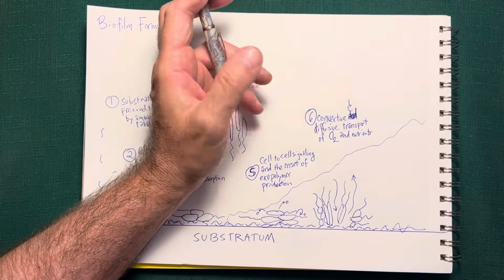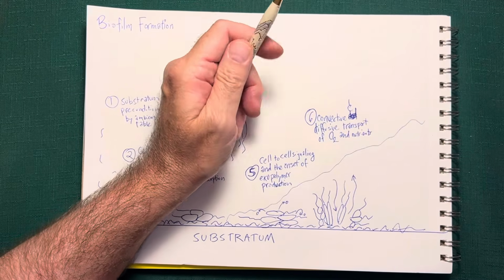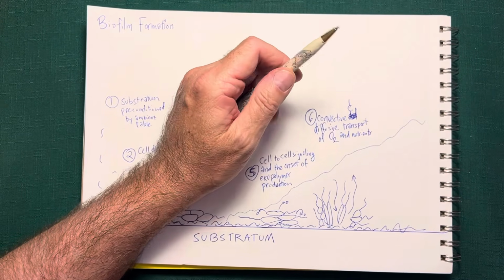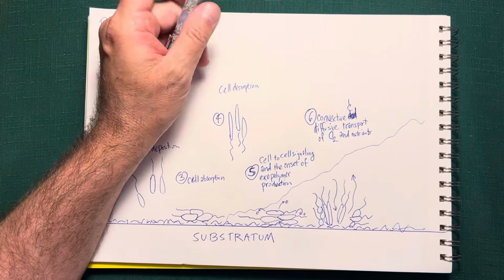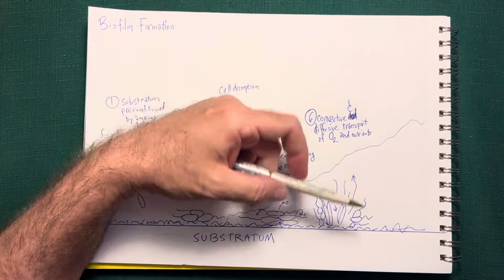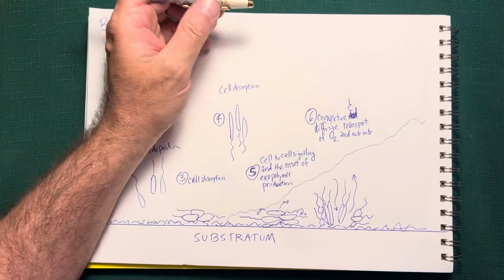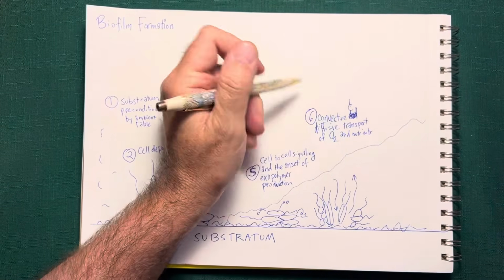So respiratory gases can get in. So if we have aerobic organisms, they'll get some oxygen, and organisms will be able to release things like carbon dioxide and other respiratory wastes out to the environment. If new nutrients are being added, they can get in through these convective and diffusive transport channels.